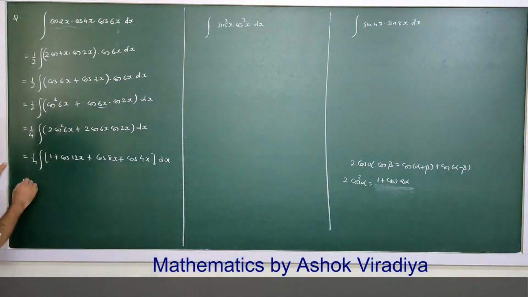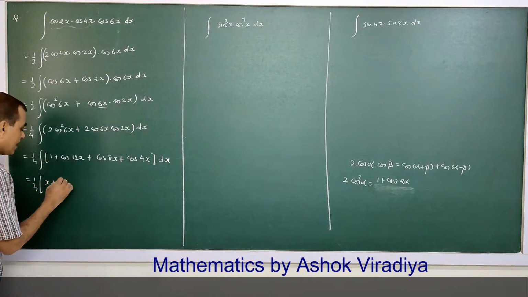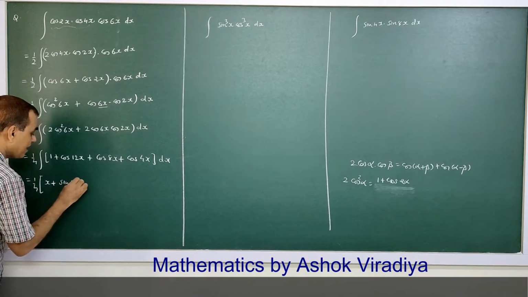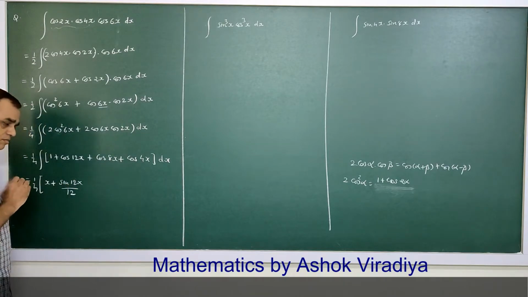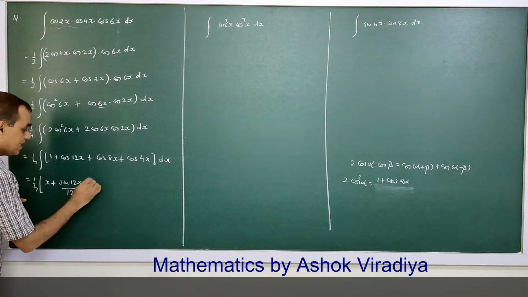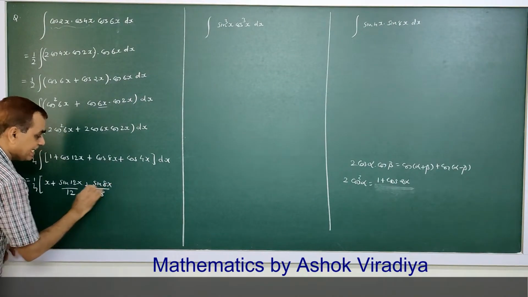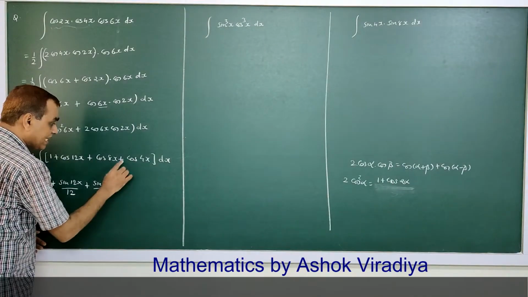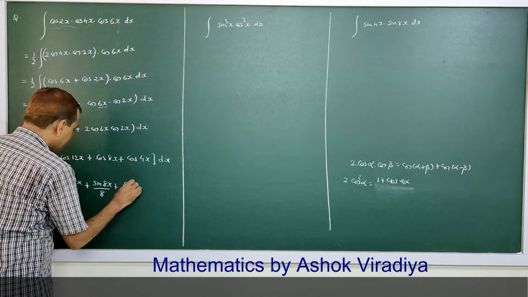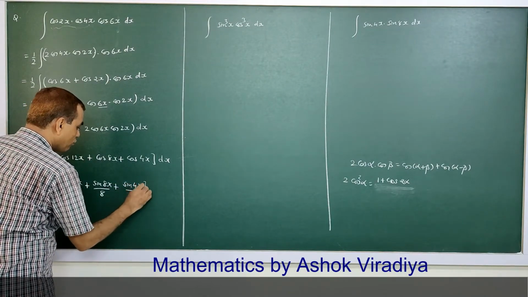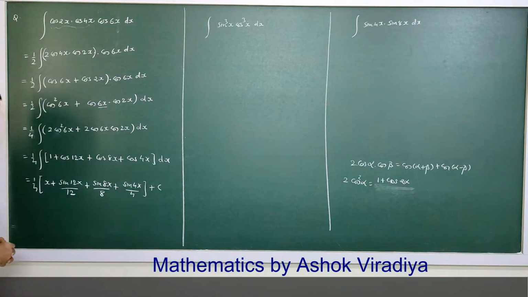So here 1 by 4, now integral of 1 is x, integral of cos 12x is sin 12x by 12, plus integral of cos 8x is sin 8x by 8, plus integral of cos 4x is sin 4x by 4, plus c.